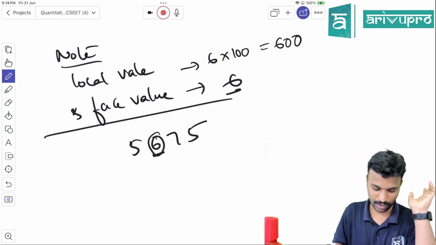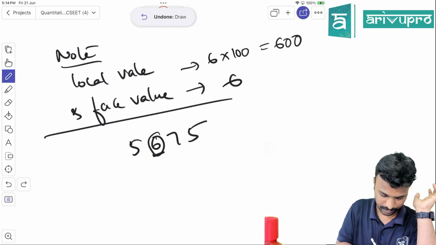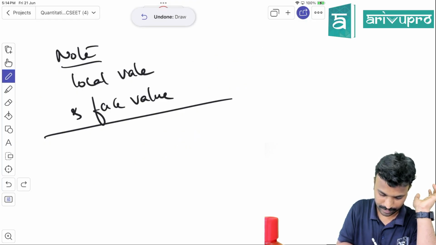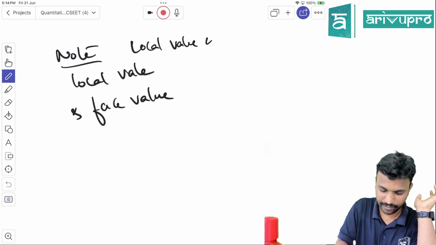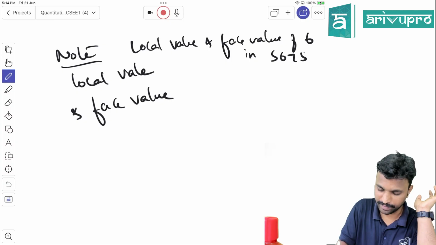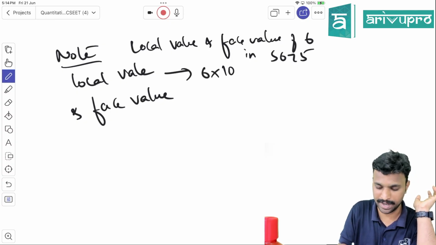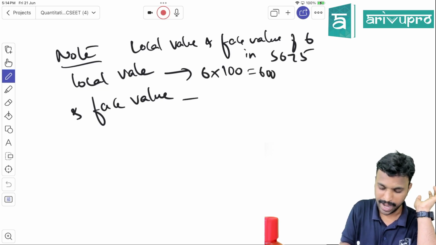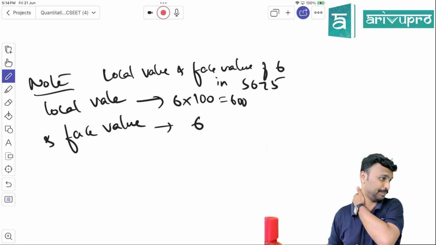So you can take it like this. Local value and face value of 6 in 5675. Local value is 6 into the place value of hundreds, which is 600, and the face value of 6 is 6 only. Please make a note of this.